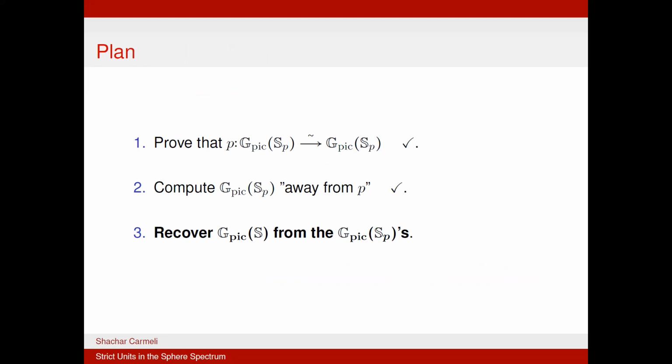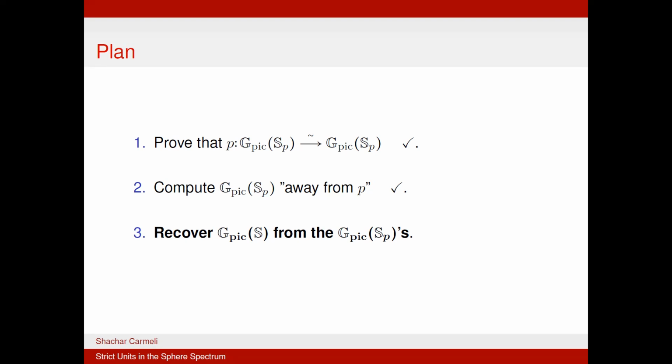And using this fact and the fact that the Picard spectrum is mostly p-complete, we were able to reduce to a computation related to the Picard of C_p, which is the pi 0. And then we just computed it and got the suspension of F_p cross. And this suspension of F_p cross is now really just the Teichmuller lifts of elements of F_p cross lying in pi 1 of the Picard spectrum.